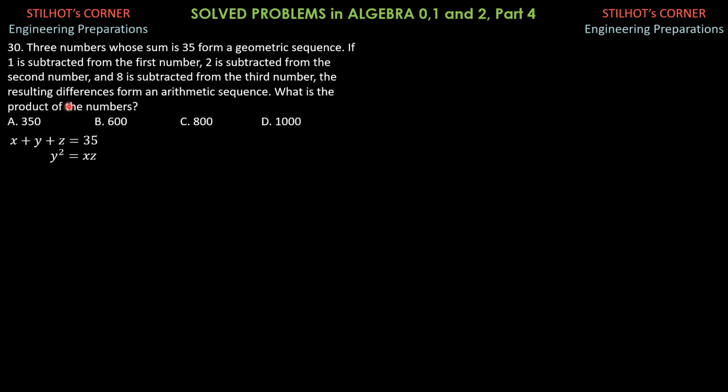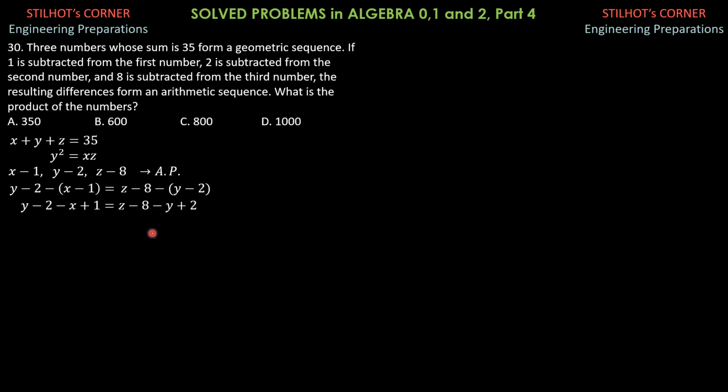And also when 1 is subtracted, x minus 1, then y minus 2, then z minus 8 are in arithmetic progression. Since they are in arithmetic progression, second minus first equals third minus second. So y minus 2 minus quantity x minus 1 equals z minus 8 minus quantity y minus 2.